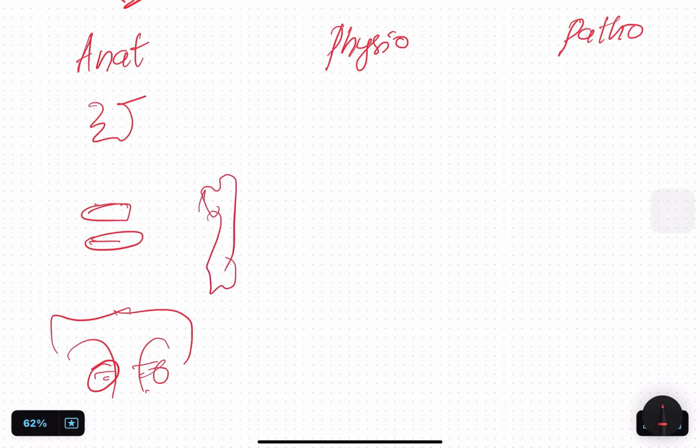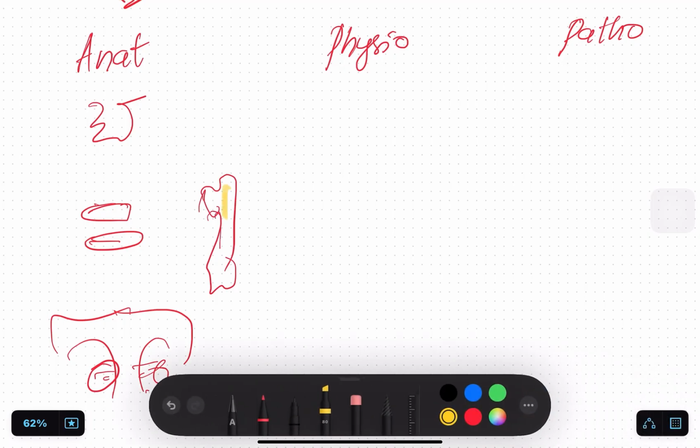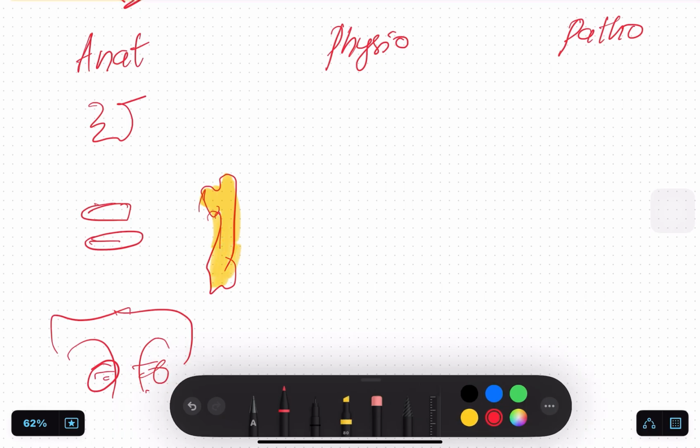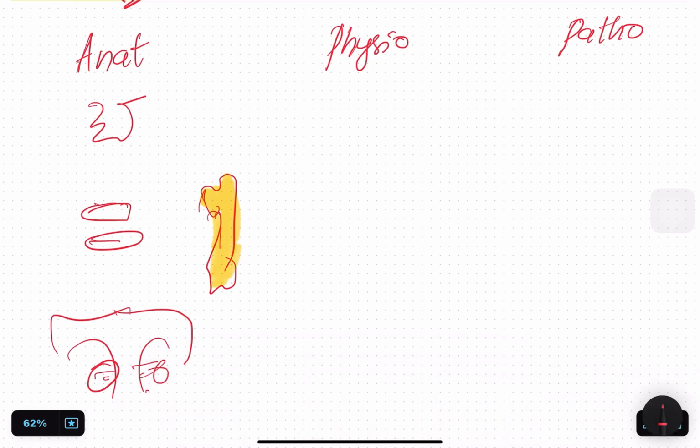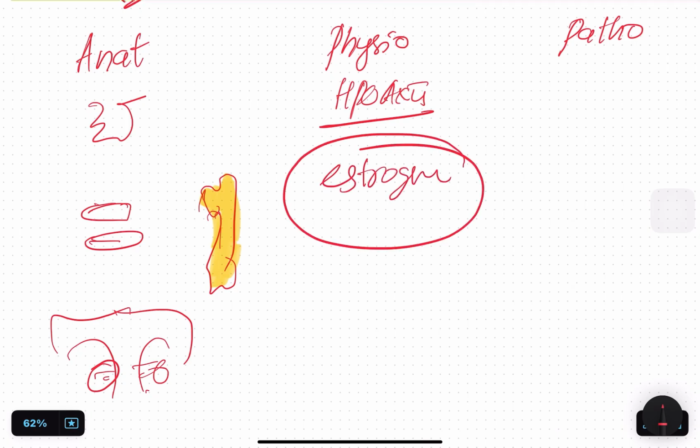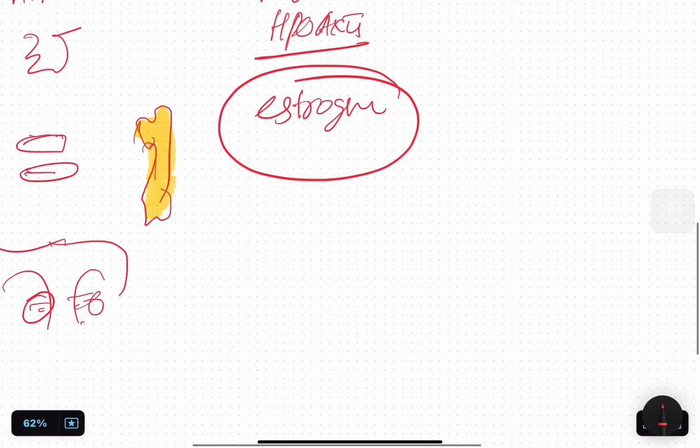I know I'm bad at drawing, it's fine. The major thing here is hormones. Physiology: here estrogen is becoming abnormal, less. So you need to know the effect of estrogen on various systems.